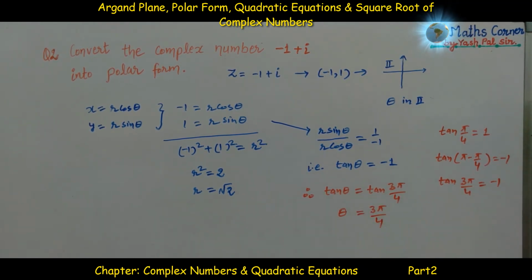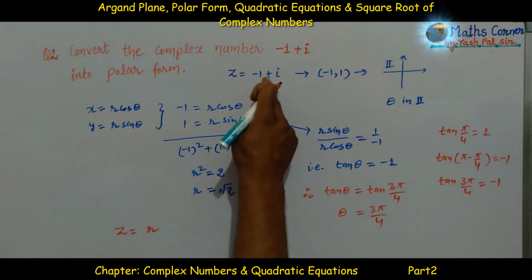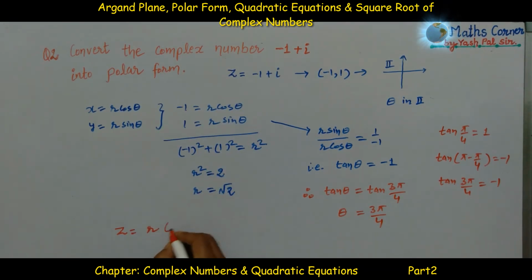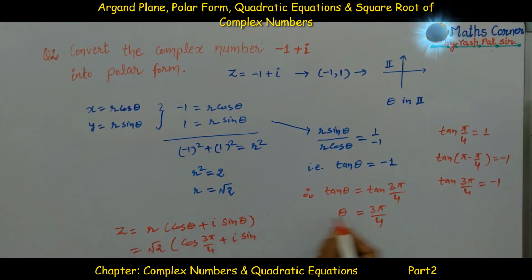So the given complex number z in polar form, r into cos theta plus iota sin theta, becomes square root of 2 into cos 3 pi by 4 plus iota sin 3 pi by 4. This is the required polar form.